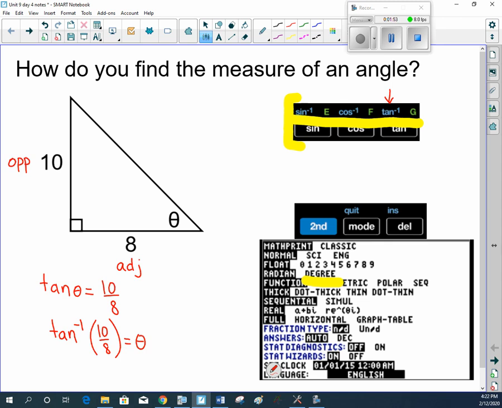Let me quickly change that out of radian mode to degrees. Okay, I'm in degree mode. Inverse tangent of 10 divided by 8 is 51.3 degrees. So that angle measure is 51.3 degrees.